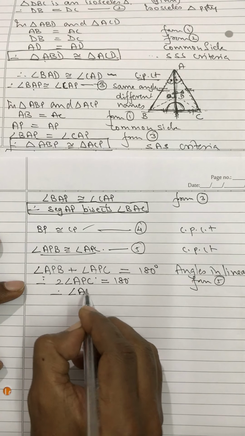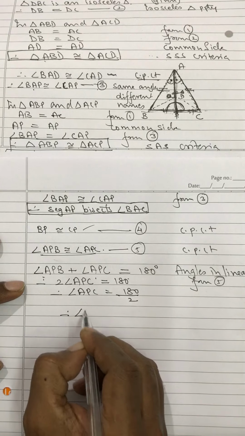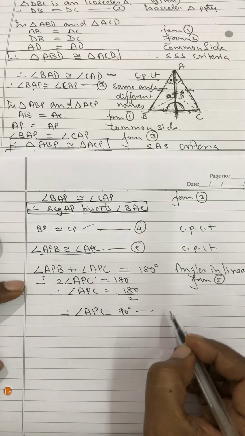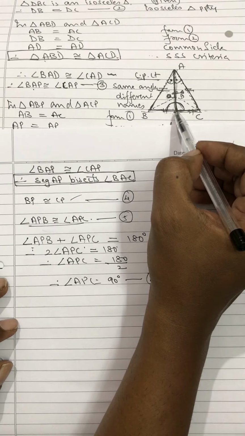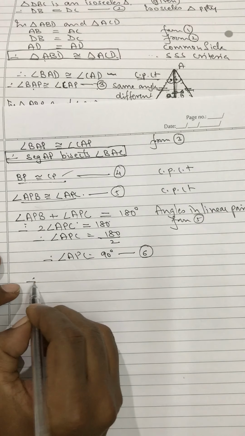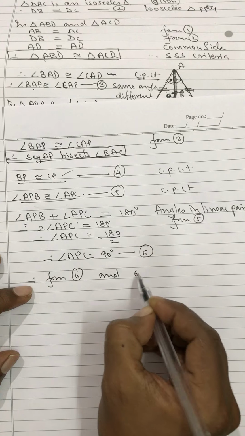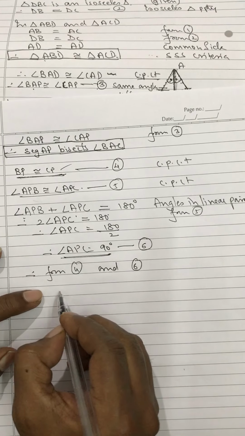Therefore angle APC is equal to 180 upon 2. Therefore angle APC is equal to 90 degree. This is your 90 degree. So you have proved that this angle APC is 90 degree and you have proved BP is equal to CP. Therefore from 4 and 6, BP is equal to CP and angle APC is equal to 90 degree.